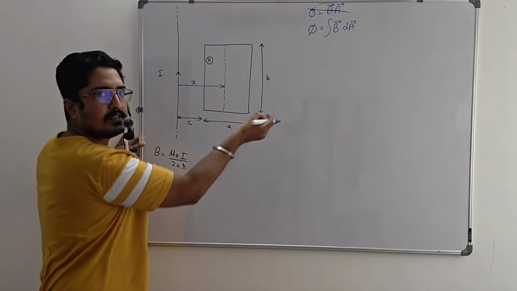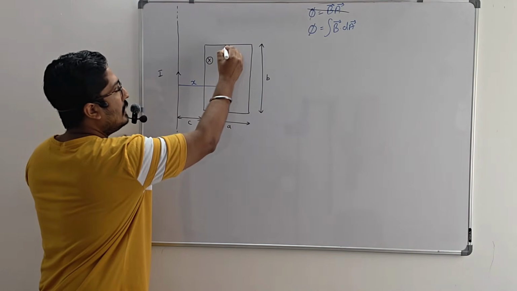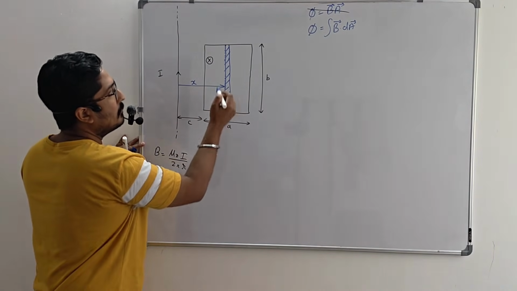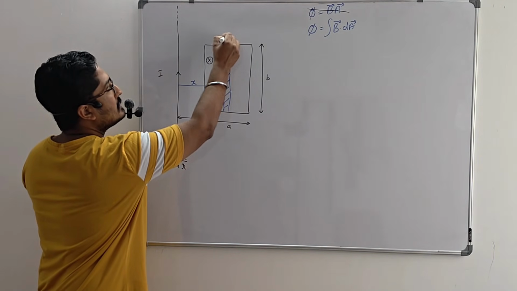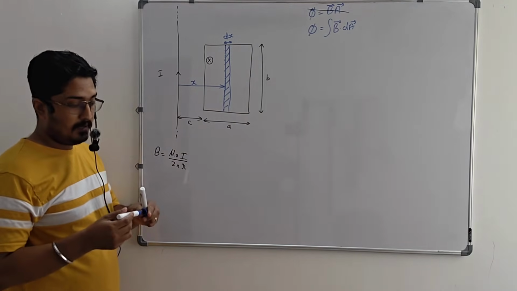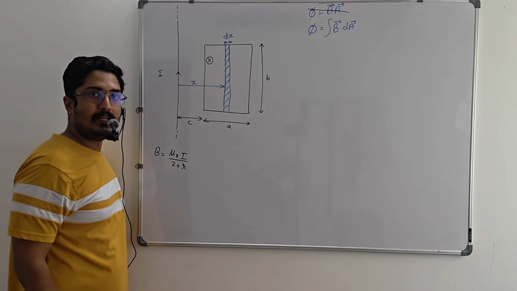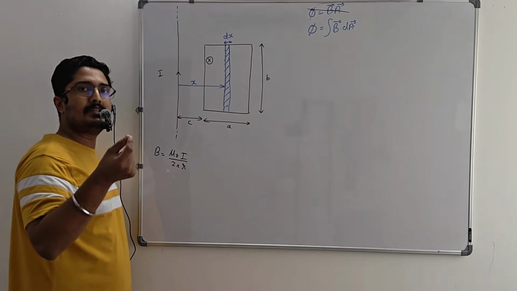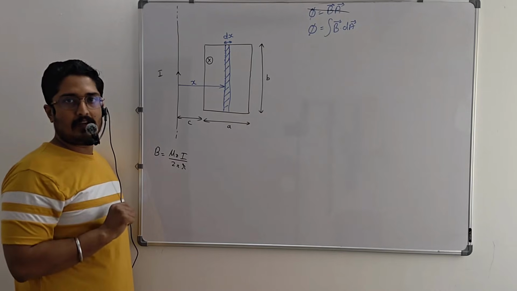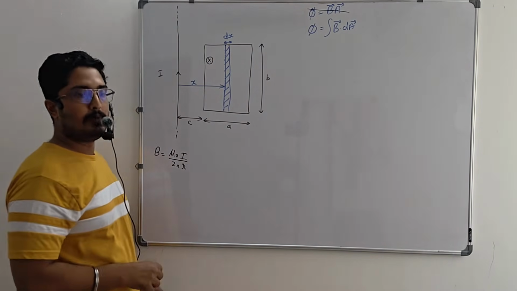Now if I go a very small distance ahead, this much small thickness, and that distance I'm going ahead is dx, then what can you say about the magnetic field in this shaded part? Remember, the distance that I'm moving extra is very small. It's a small dx. So because of that small change in distance, the change in the magnetic field would also be very small, insignificant. That's why we'll consider that for this very small strip, the magnetic field would be constant.